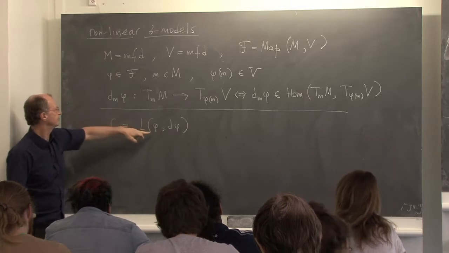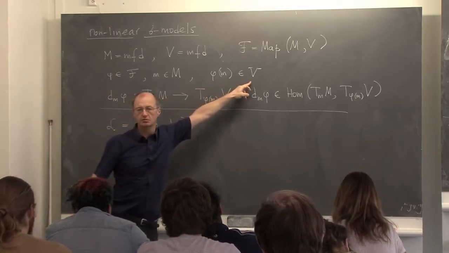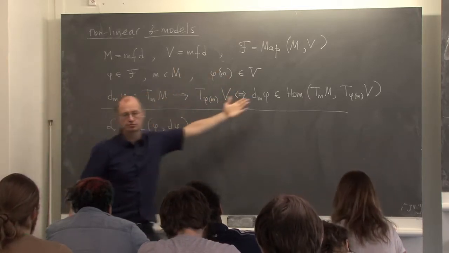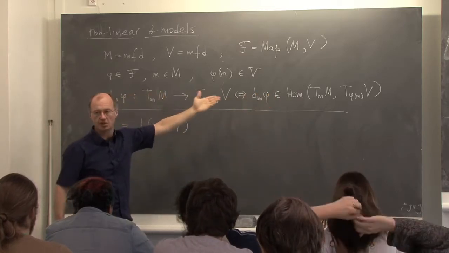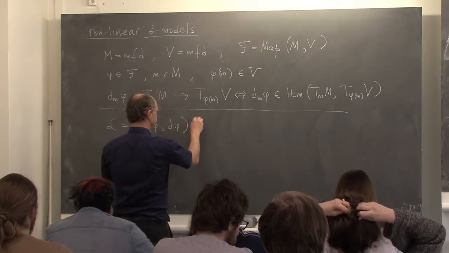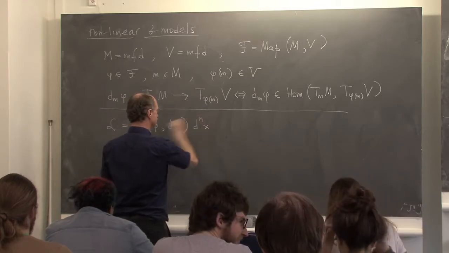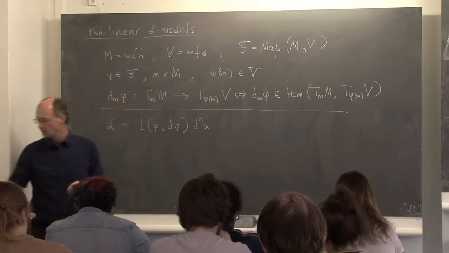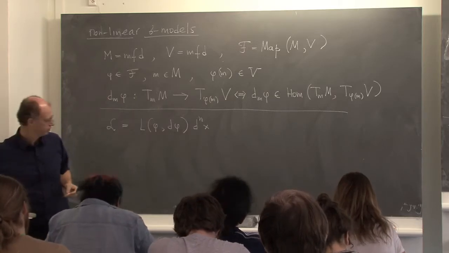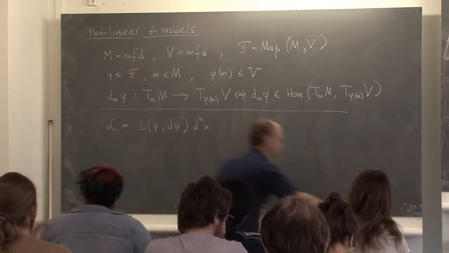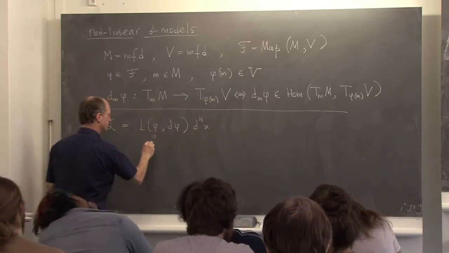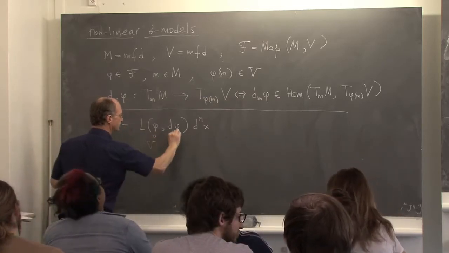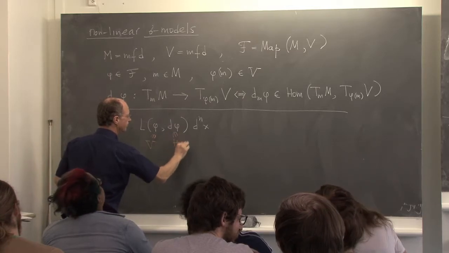So phi would be an element of V now. d phi is just a linear map, so an element of this vector space Hom. So this guy is in V, and this guy is in Hom.